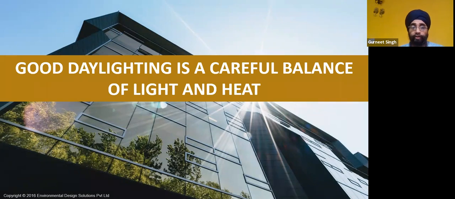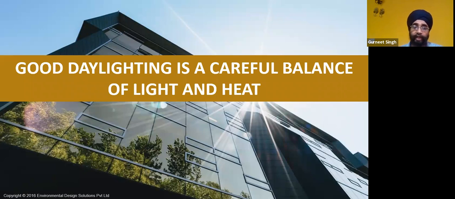So based on where you are located, the shading elements, the depth, the requirement will vary based on the climate, whether you want to block the heat or you want the sun to come in, and the building orientation. Which orientation is your building? If it is north-south, it's easy to block the sun because the sun is more or less overhead.